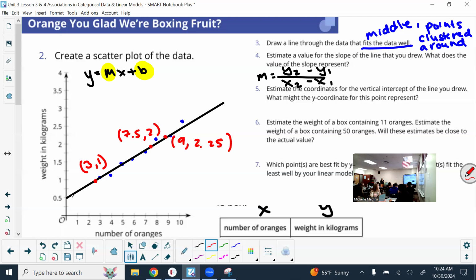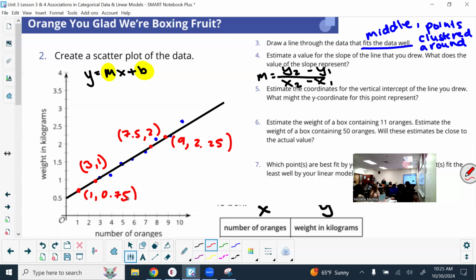Maybe any down here that are not that hard to estimate and are a little easier to see. What point is that approximately? What x value? Okay, what y value? 0.75, yeah. So in summary, you really only need 2 points. I'm showing you that there's more.